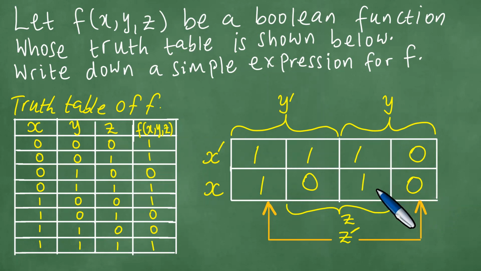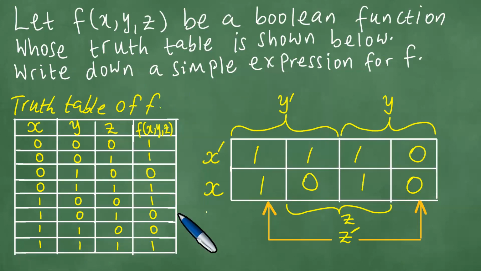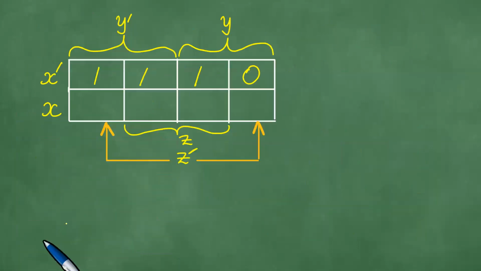Okay, so just take a look at that part. So this one here is 1, 1, 1, 0. It's like 3 ones and 0, and then 1, 0, 1, 0.